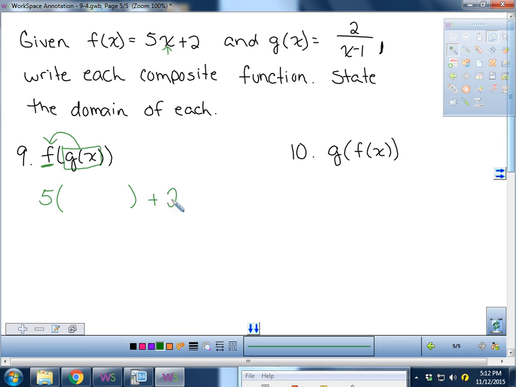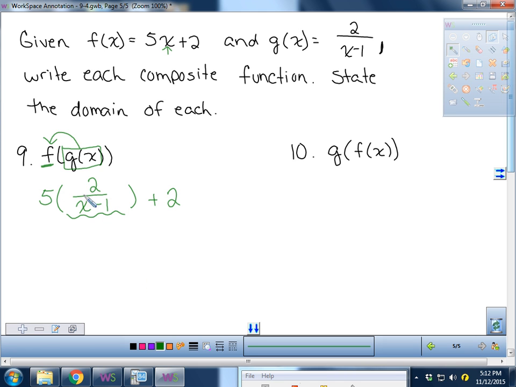So the only thing you're not writing down is the x. All right? And in place of that, you're putting the g of x, which is 2 over x minus 1. So you're replacing with this part right here. Now all you do is simplify.